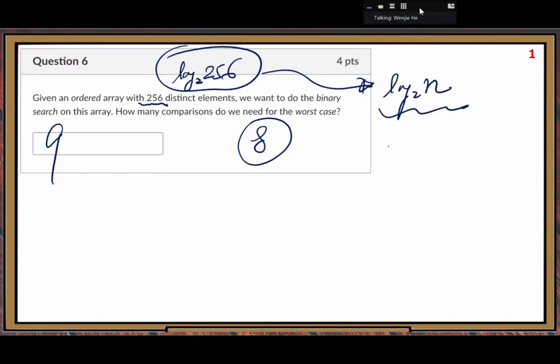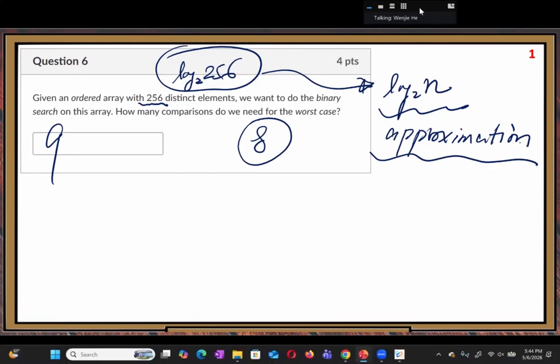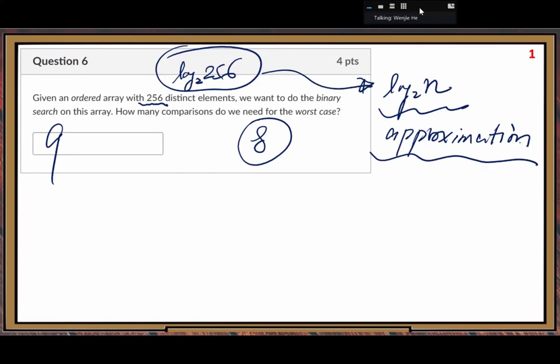So many times people write it in this way, but that's the approximation version, not exact version, right? If you treat it as an approximation, then no problem. It's correct, right? Especially when n is large. So most people use this approximate version.